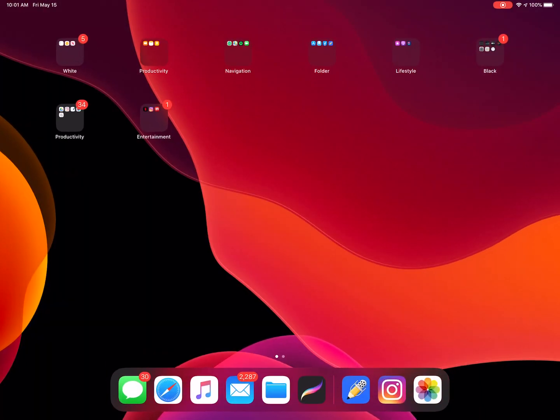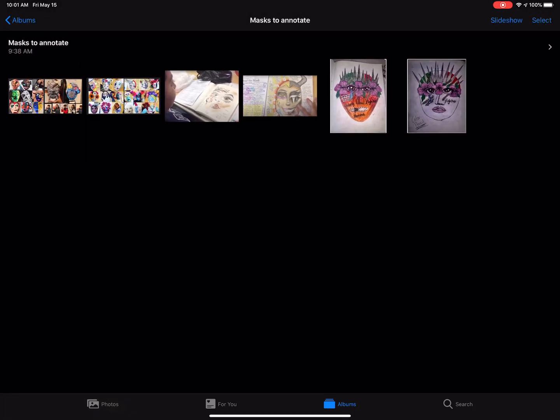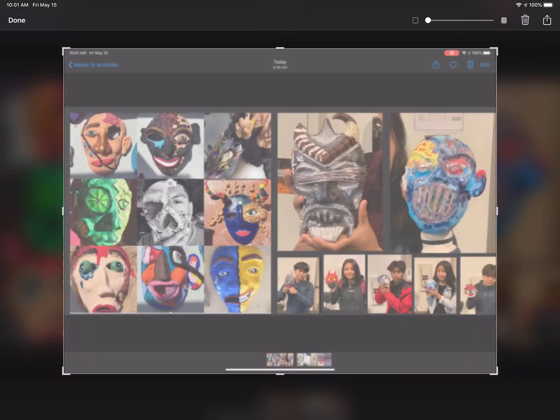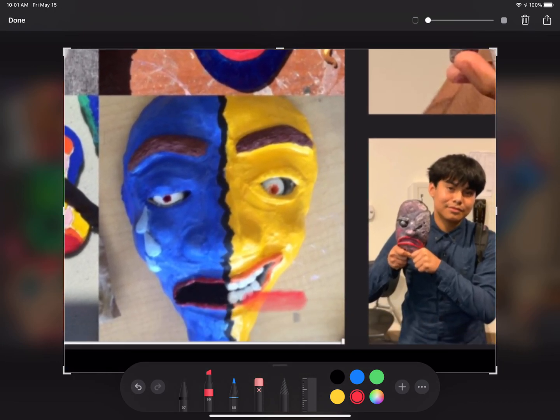Let's look at some past mask examples. So here are some past masks that we have. To think about these different examples, let's start by looking at obvious visual opposition, right?